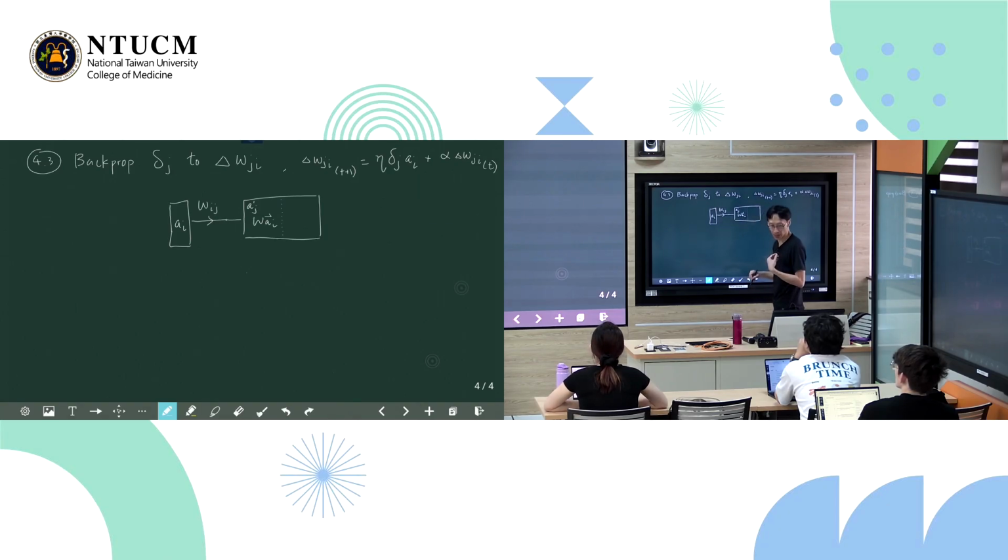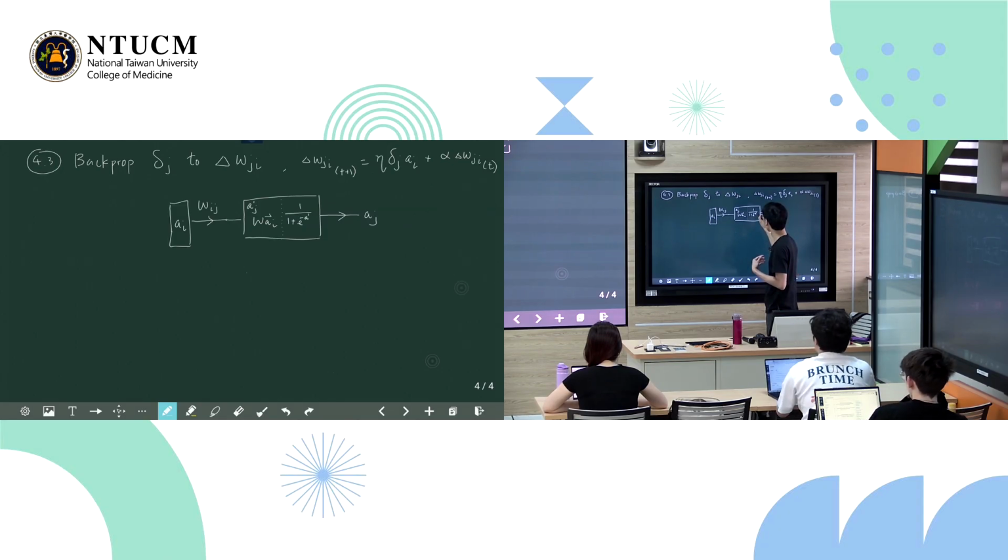Then we apply the sigmoid function, which is 1 over 1 plus e to the minus, let me use the shorthand. That is AJ, correct?